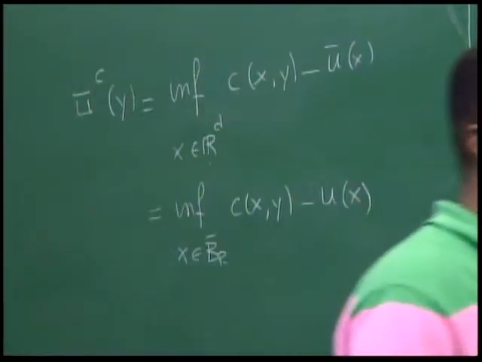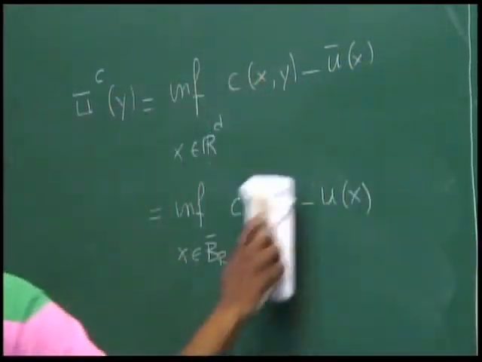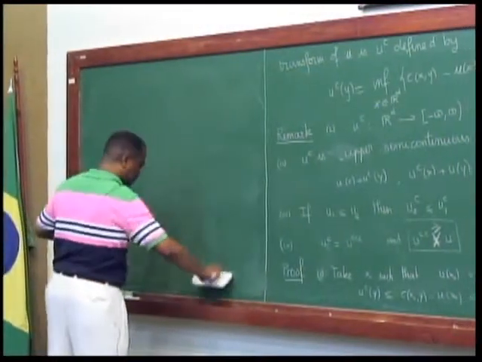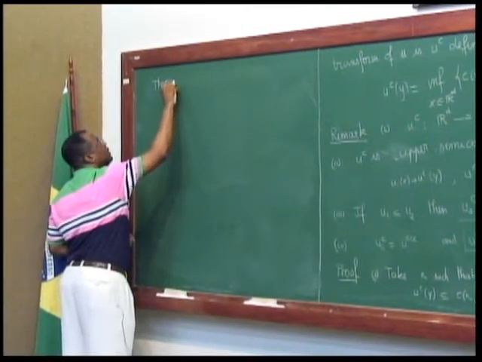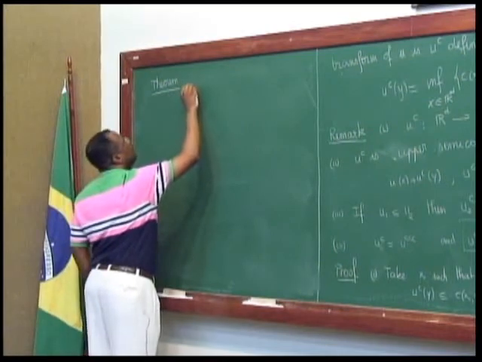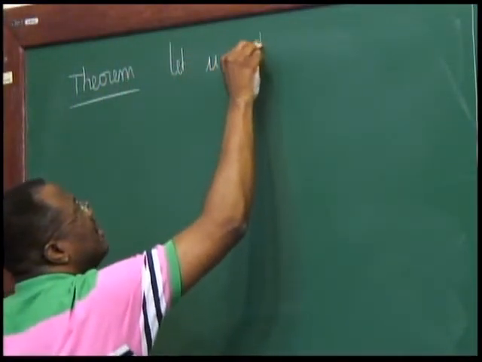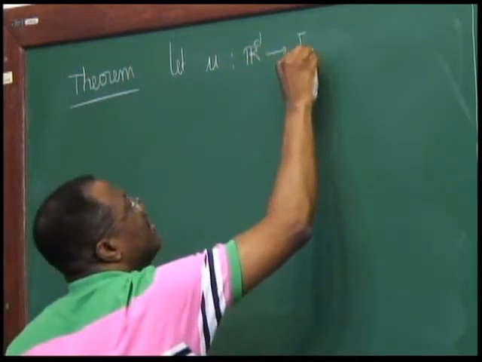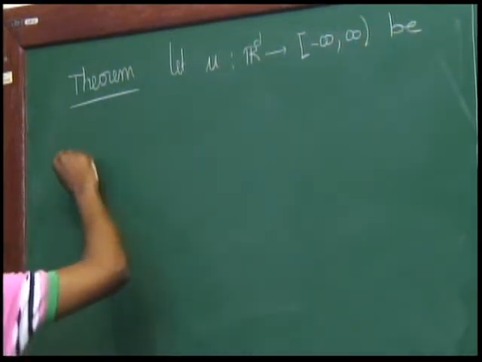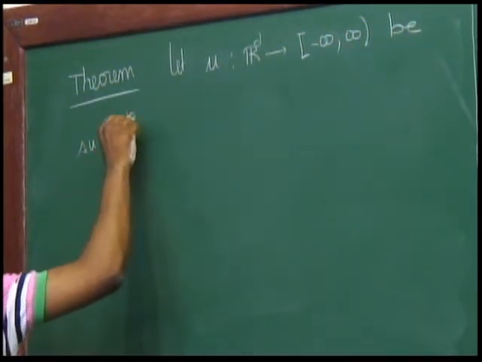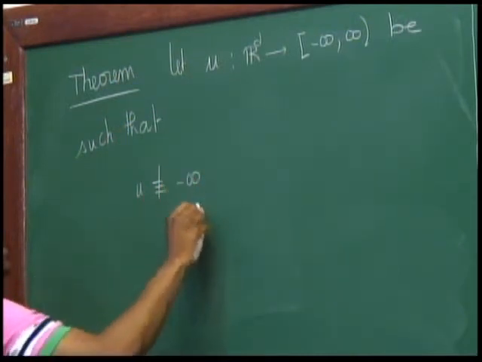So let me state that result. Let u from R^d to negative infinity, plus infinity be such that, first, u is not identically negative infinity.